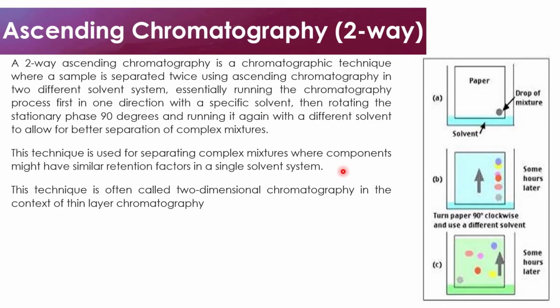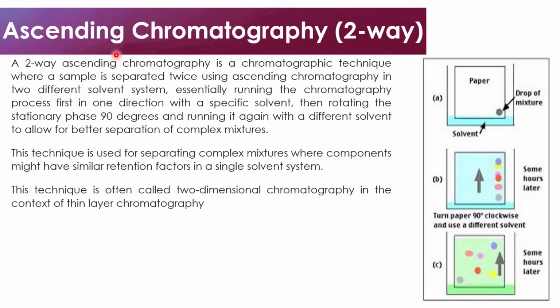Now let's look at the two-way ascending chromatography. A two-way ascending chromatography is a chromatographic technique where a sample is separated twice using ascending chromatography in two different solvent systems, essentially running the chromatography process first in one direction with a specific solvent, then rotating the stationary phase 90 degrees and running it again with a different solvent to allow for better separation of complex mixtures.